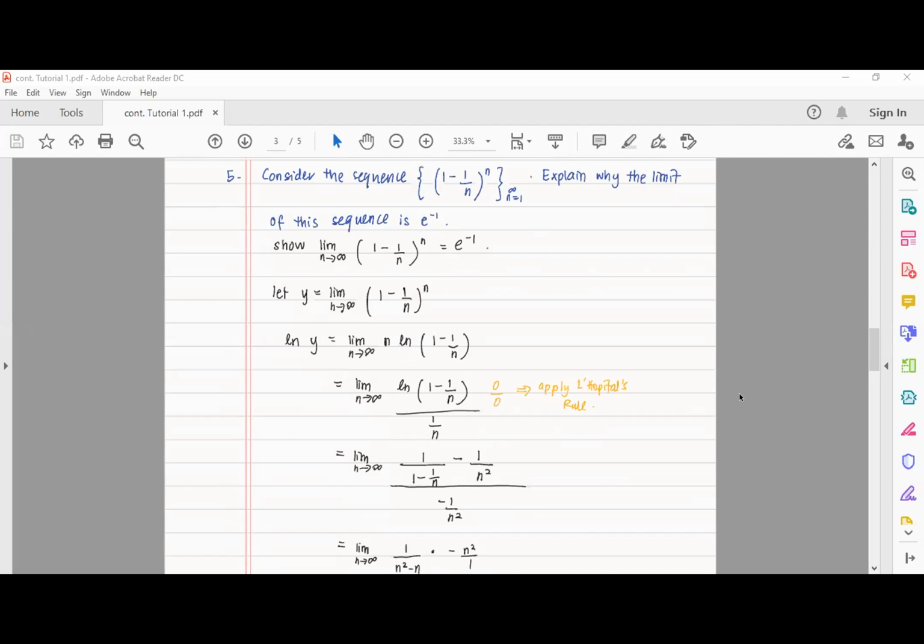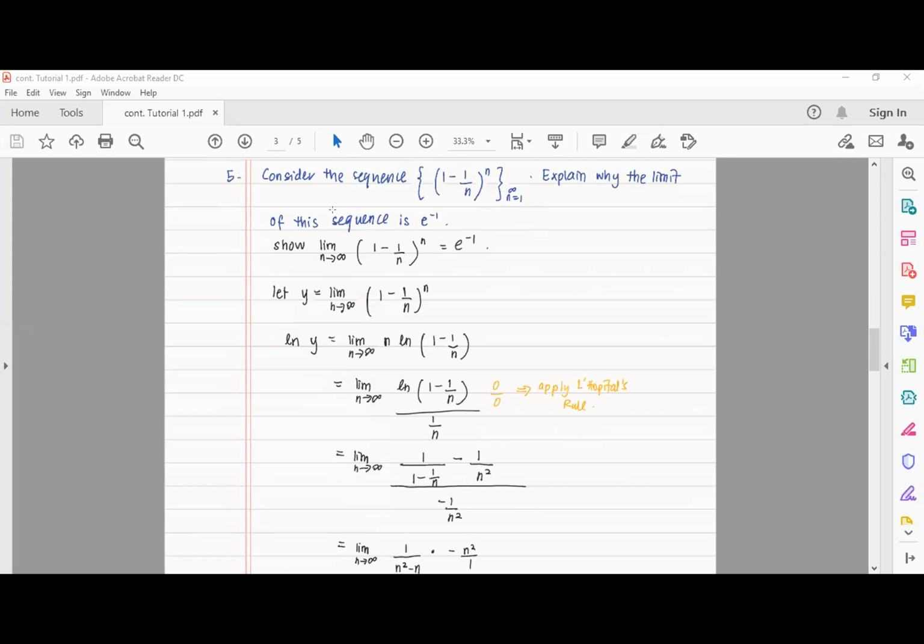So for question 5, this is the sequence given, and explain why the limit of the sequence is e^-1. So we have to show that the limit of this sequence as n approaches infinity is equal to e^-1.